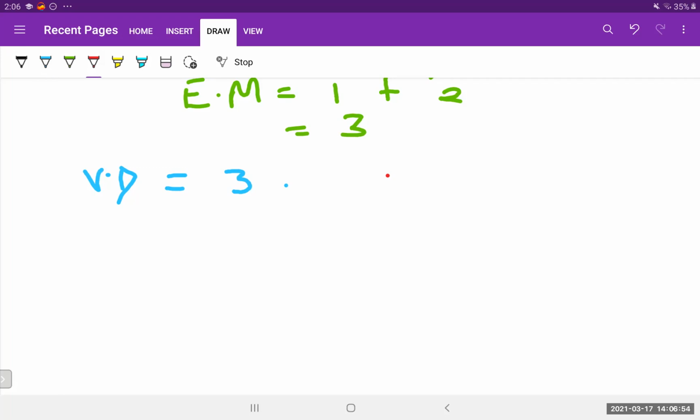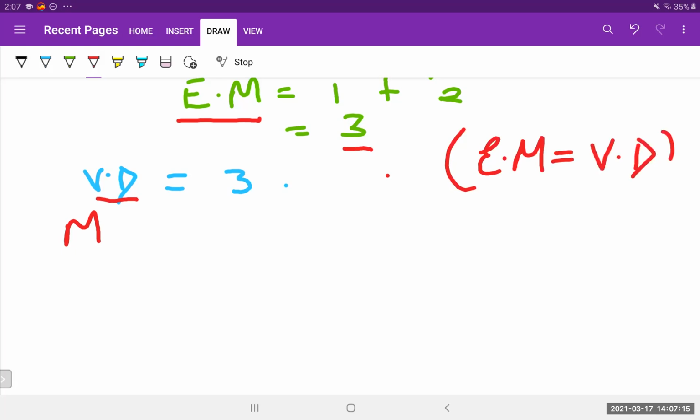Now, molecular mass, everybody knows. See, in this question it's given that vapor density is equal to its empirical formula weight or empirical mass. So empirical mass equals vapor density, okay? Because in the question it's given empirical mass equals vapor density. That's why it's equal to 3.